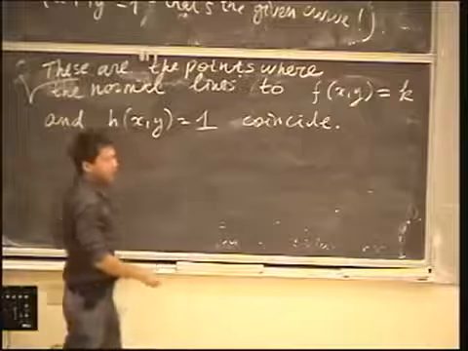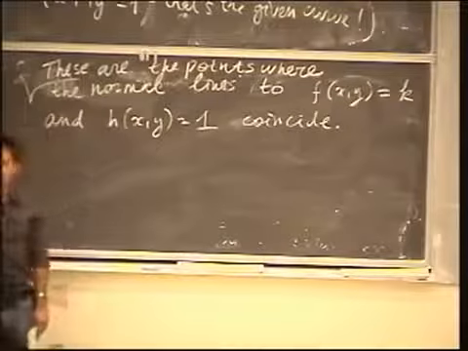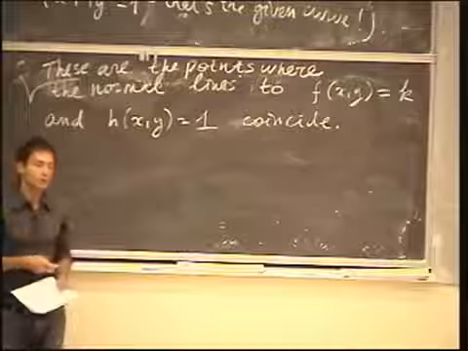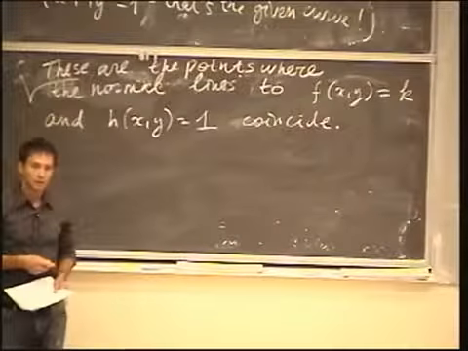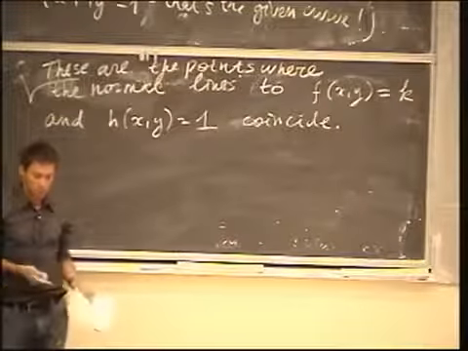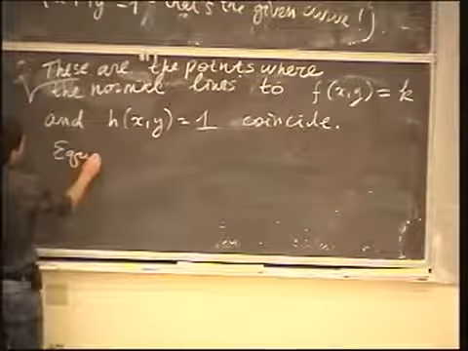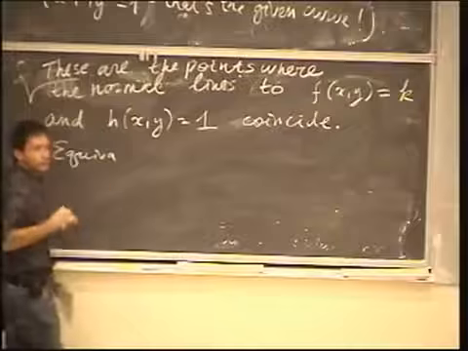So how do we check that? Well, we know that the normal lines have as a direction vector the normal vector to that curve, which is the gradient. So equivalently, we can say that the two gradient vectors should be proportional to each other.